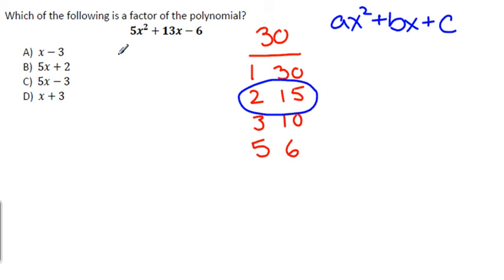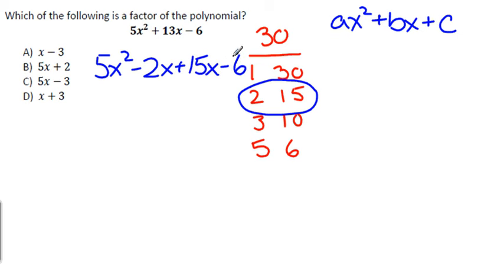So we rewrite our first term here, 5x squared, and then we break up our 13x using these two factors. So how do we get 13 when we use 2 and 15, when we subtract? It's going to have to be a negative 2x and then a positive 15x minus 6.